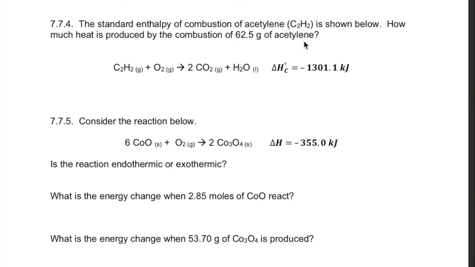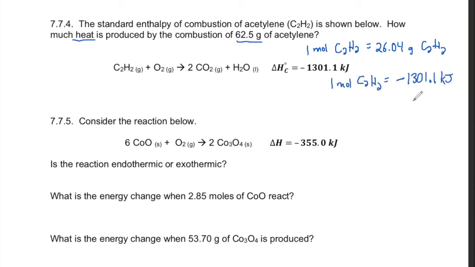Okay, so let's take a look at these last couple of problems. Here we want to relate the heat or the thermal energy to the grams of acetylene. So we are going to need the molar mass of acetylene and also the information that this reaction of 1 mole of acetylene produces 1301.1 kilojoules of heat.